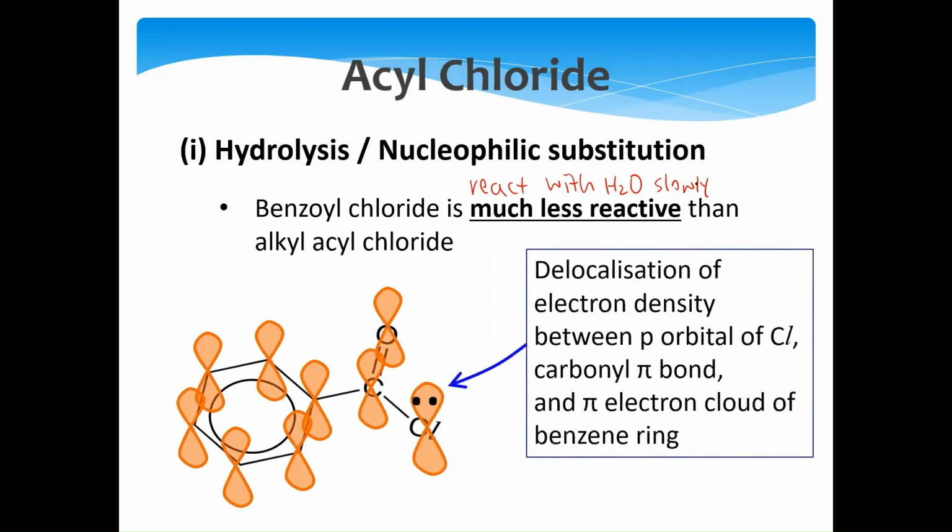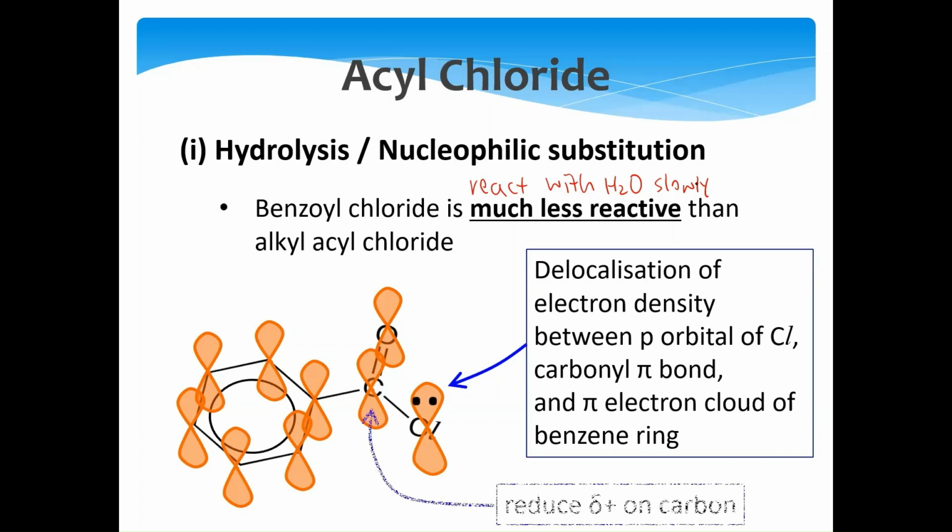The reason is due to the delocalization of electron density between the p orbital of Cl, the carbonyl pi bond, and the pi electron cloud of the benzene ring. As you can see, I've drawn out all the p orbitals and they overlap. So the lone pair on Cl in benzoyl chloride can delocalize into the pi bond of the carbonyl and also into the benzene ring.